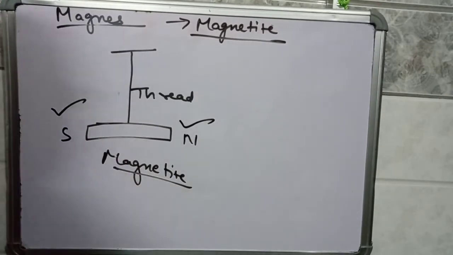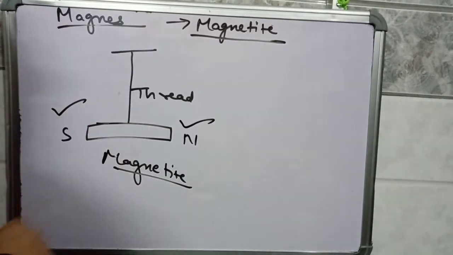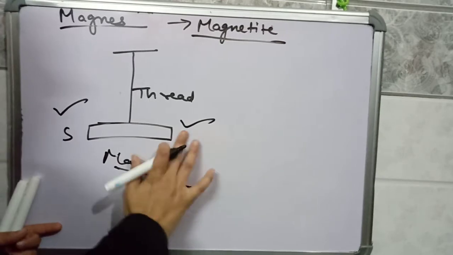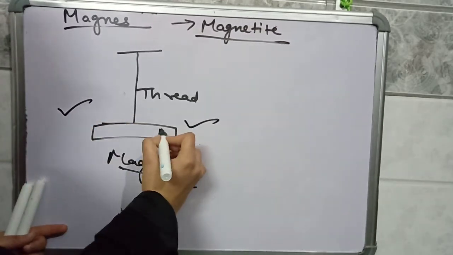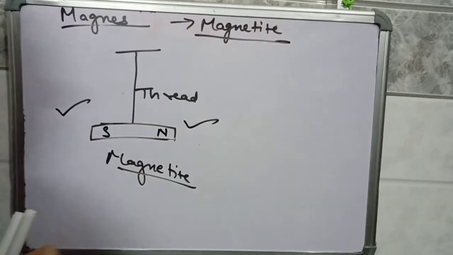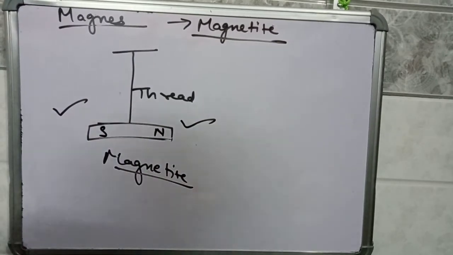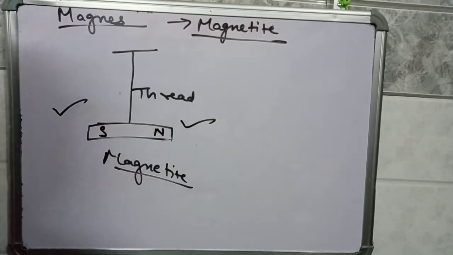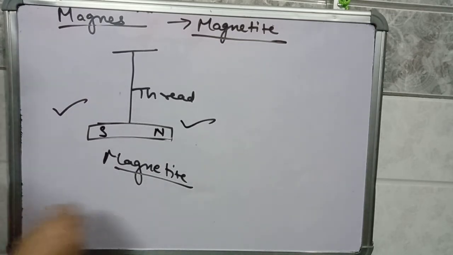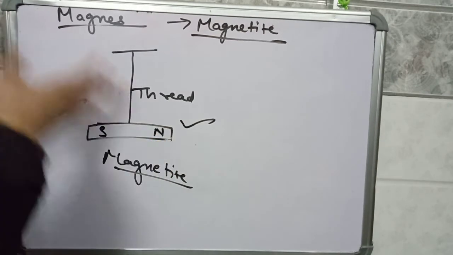There are two poles of a magnet. One is the north pole, and one is the south pole. So what are poles? Poles are the areas where the magnetic force felt by the iron substances is strongest. This is a huge bar magnet.